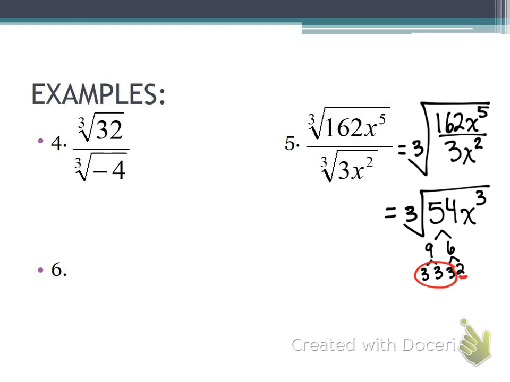So we start building our answer. What's on the outside? 3. And on the inside? 2. Okay, if we have 3 x's, that just makes one group of 3. So x comes outside. Any x's underneath? Nope, because there were none left over. And that is our answer. 3x times the cube root of 2.